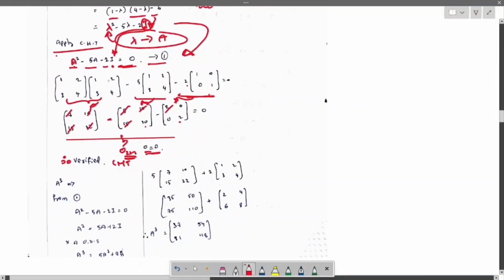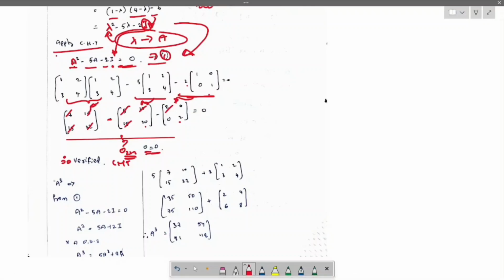How? We have written this as equation 1, right? Take equation 1 for the A cube. From equation 1, A square minus 5A minus 2I equals 0. Send these things to the right hand side, so we are left with A square equals 5A plus 2I.